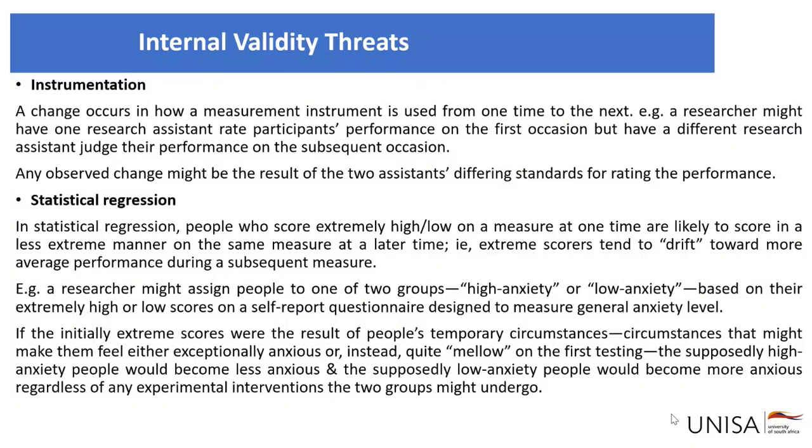For example, a researcher might assign people to one of two groups, such as high anxiety or low anxiety, based on extremely high or low scores on a self-report questionnaire that is designed to measure general anxiety level. If the initially extreme scores were the result of people's temporary circumstances that might make them feel either exceptionally anxious or instead quite mellow on their first testing, the supposedly high-anxiety people would become less anxious.